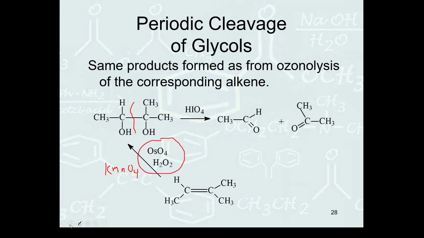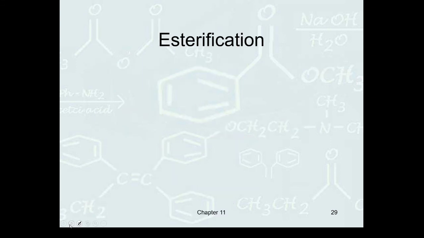If you don't remember that mechanism, go back two presentations and take a look at our addition reactions. O3 going this way, ozone, will end up giving us this. So these two reactions from an alkene can get us to the same spot as if we had a diol already and wanted to get there. We've already seen those.